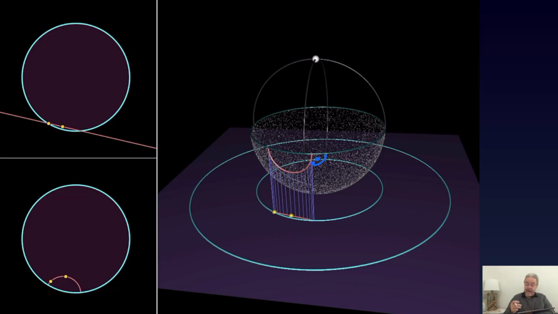So next thing, we take our stereographic projection, which means we take our north pole in our image and project this circular arc down to the plane.